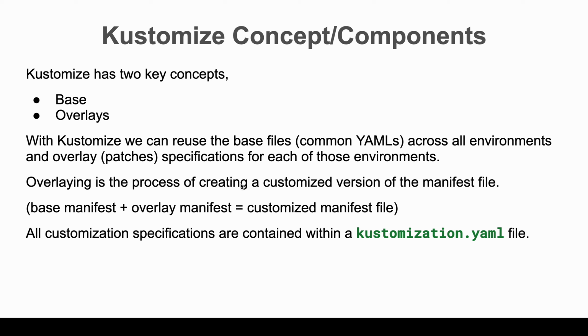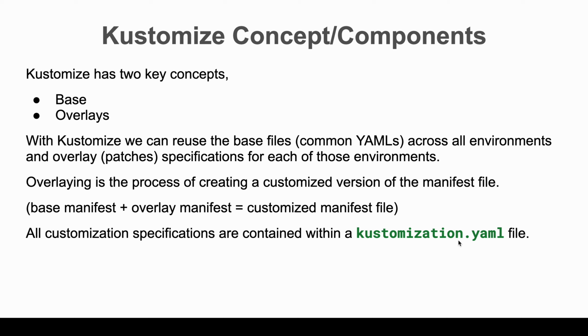Overlaying is the process of creating a customized version of the manifest file, and this is how things work: we have a base manifest file plus an overlay manifest file, which generates the customized manifest file. One thing we have to remember here is that all customization specifications are contained within a customization.yaml file.